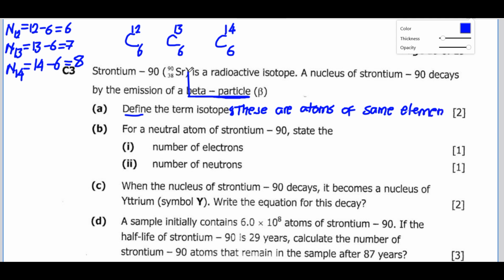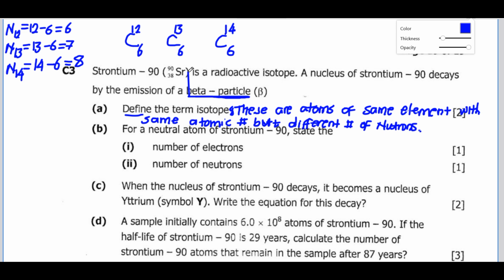It can be 2, 3, as long as they are atoms of the same element with the same atomic number, but a different number of neutrons. Right, so we have at least understood what this simply means.